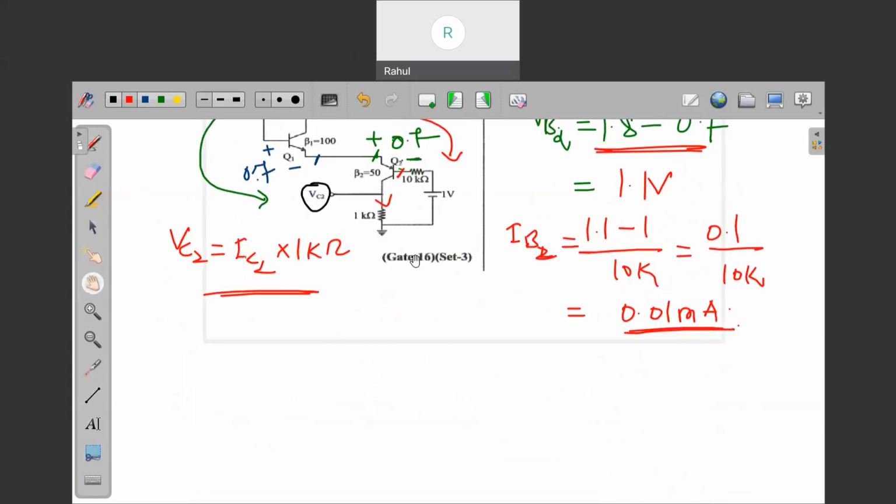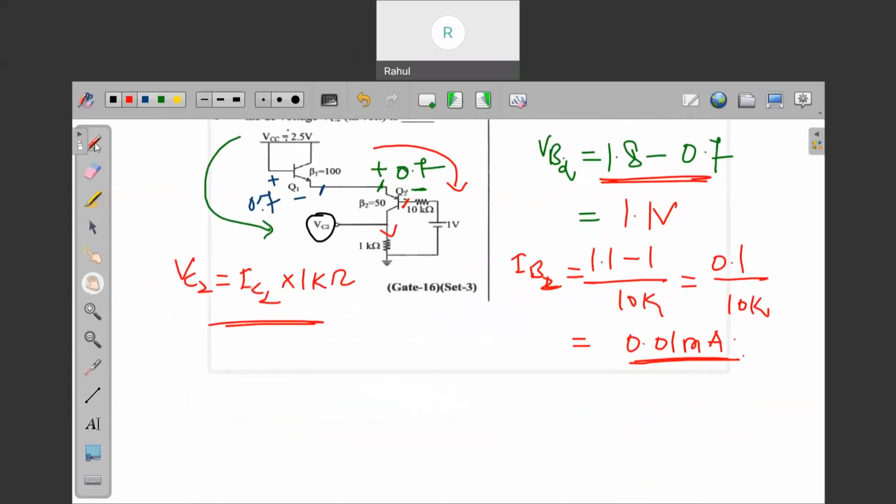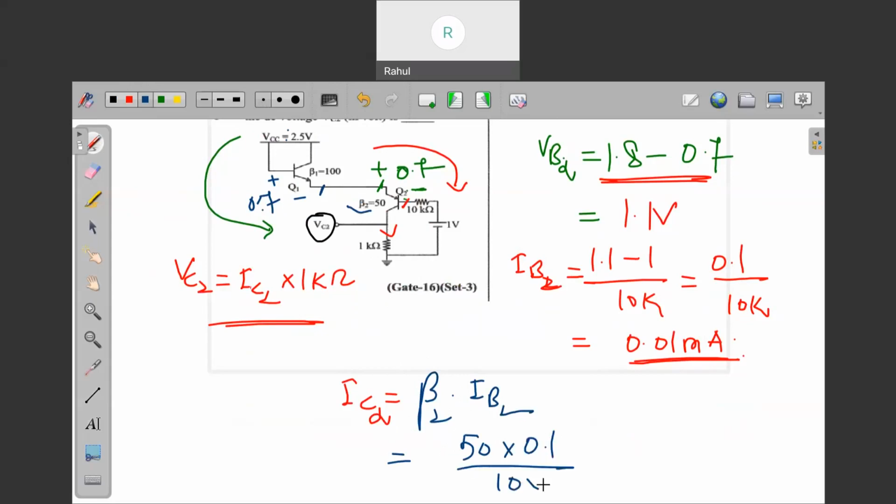Now once you know this, IC2 will be beta 2 times IB2, because the relation beta IB is valid for the active region. So it is 50 times, because in the question they have given beta 2 as 50. 50 times 0.1 upon 10 into 1000.